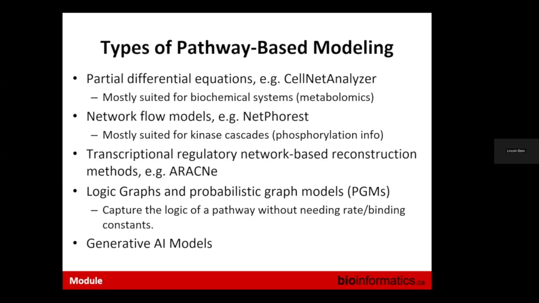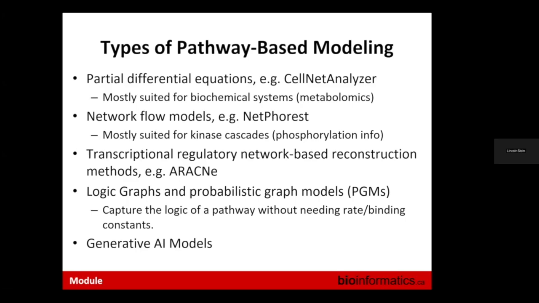There are multiple types of pathway-based modeling, and each one is suited for a different particular type of problem. So if what you're working on is metabolomics and you're primarily interested in small molecule metabolism, then we go back 60 years and we're working with systems of partial differential equations, which now, because of large compute capacity, you can actually do computations across hundreds of interacting molecules.